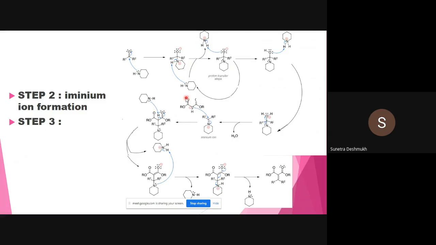Once we abstract the proton from protonated piperidine, the piperidine is regenerated; protonated piperidine is transformed into normal piperidine. So this is a catalytic cycle: piperidine transforms to protonated piperidine, and protonated piperidine transforms back to piperidine. This cycle is always going on and on.